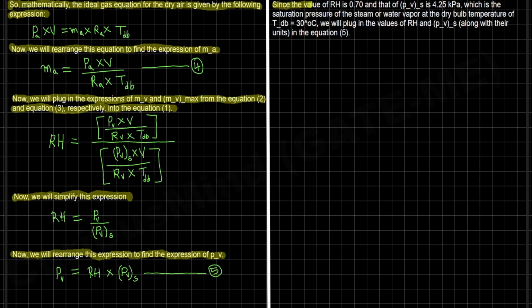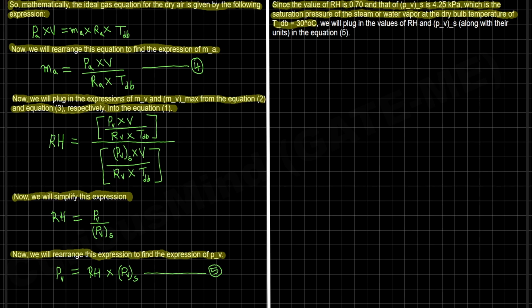Since the value of RH is 0.70 and that of PVS is 4.25 kilopascal, which is the saturation pressure of steam or water vapor at the dry bulb temperature of 30 degrees Celsius.